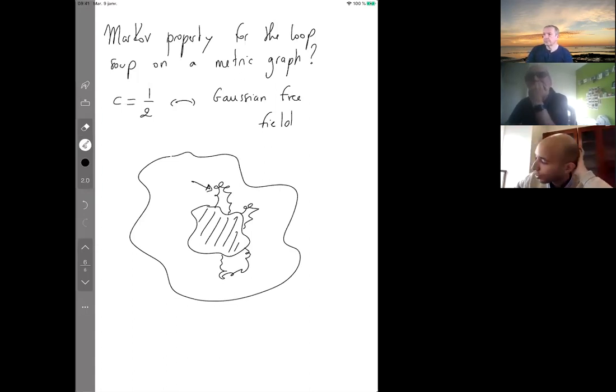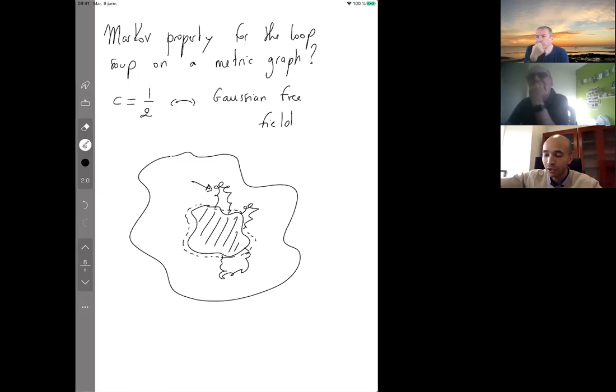And I want to know, is it possible that the law of these excursions only depends on the local time on the boundary of my subset, so that it will be independent of what's happening inside the subset?